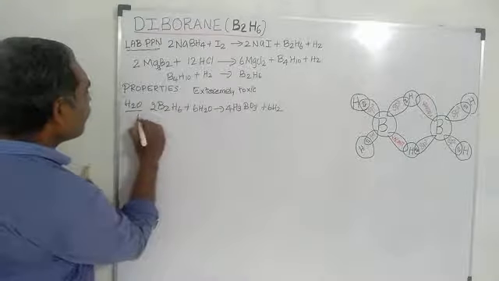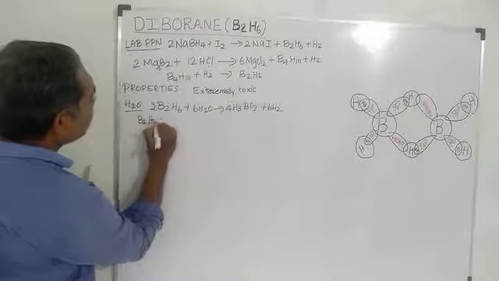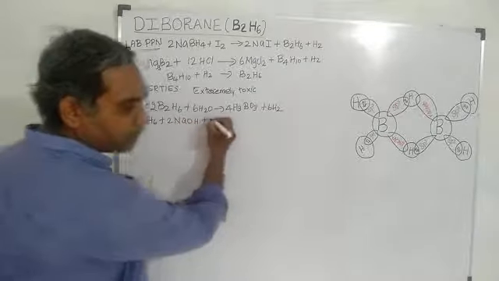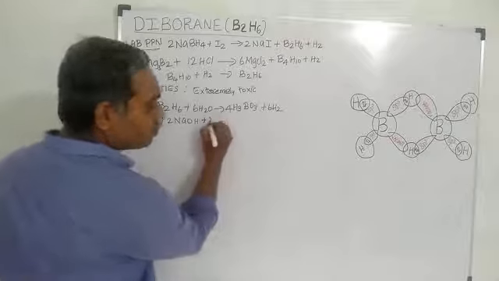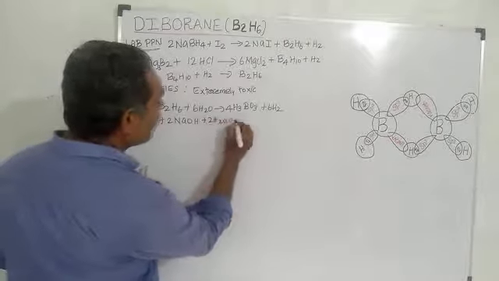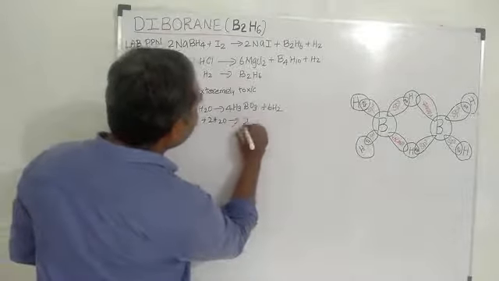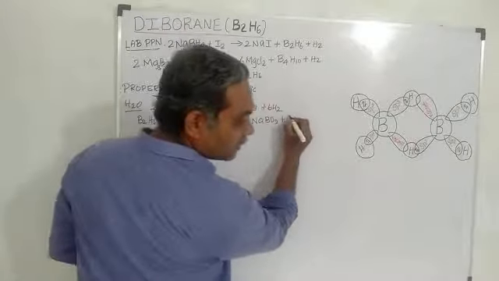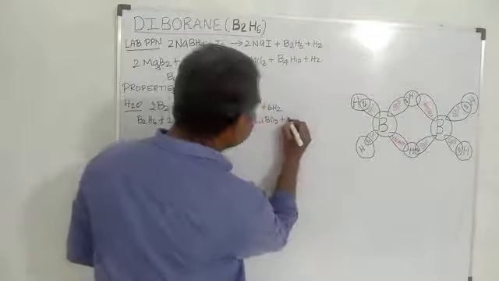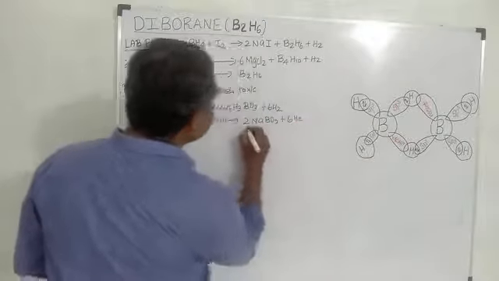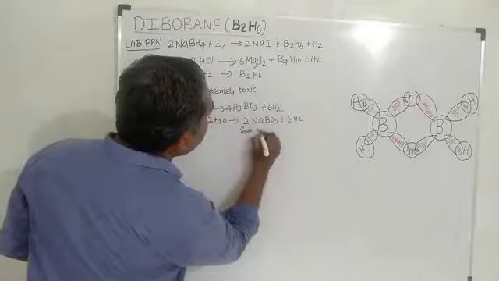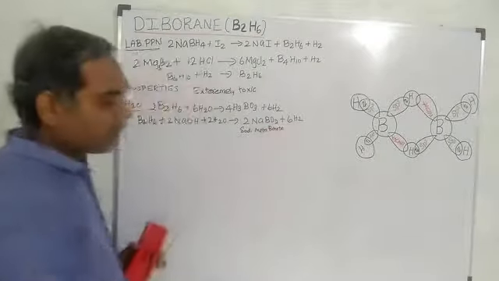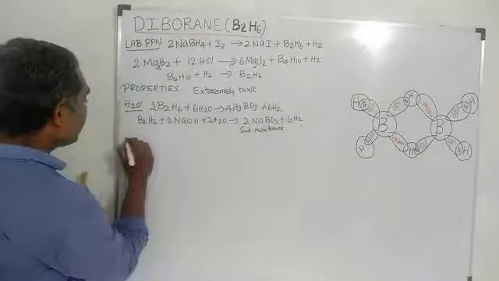When B2H6 reacts with 2NaOH plus 2H2O, we get 2NaBO2 plus 6H2. This is called sodium metaborate.